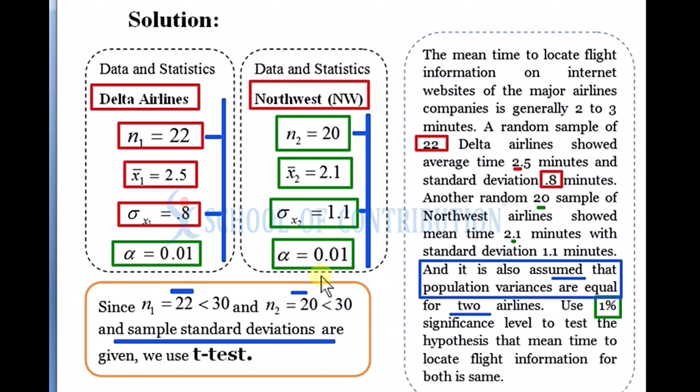If these three conditions are combined, we use the t-test for this math. So when both sample sizes are less than 30, we are given sample standard deviation instead of population standard deviation, and the variances are assumed to be equal, in that case we use the t-test.